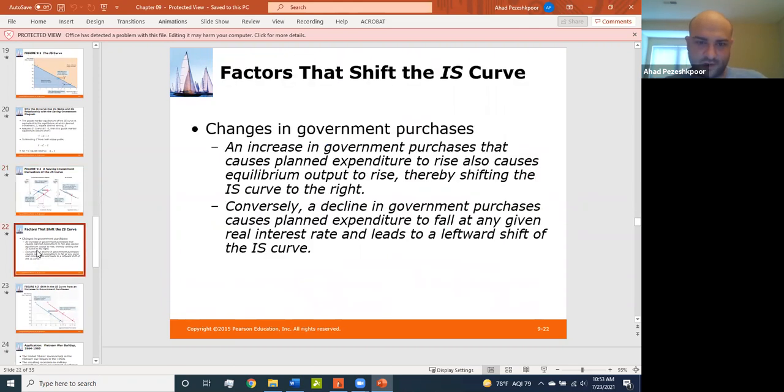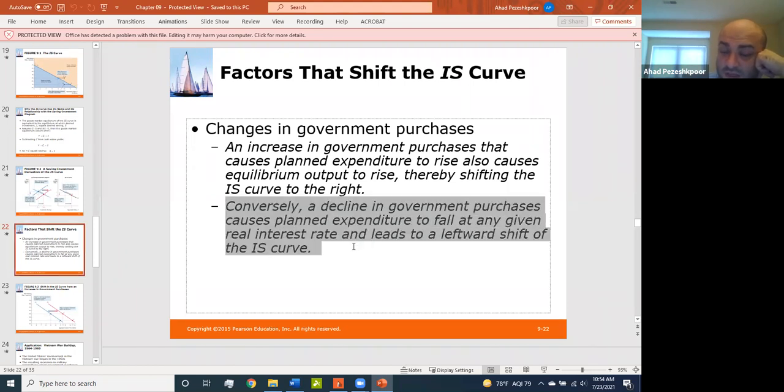No? Let's move on. Of course, all those things that we talked about that would affect saving and investment exist here as well. An increase in government purchases that causes planned expenditure to rise also causes equilibrium output to rise, thereby shifting the IS curve to the right.